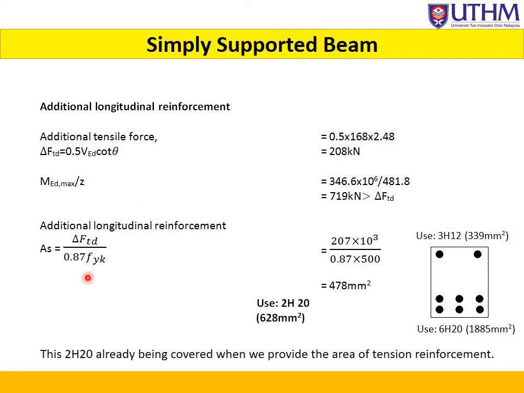We calculate what is the AS for the additional longitudinal reinforcement using FTD divided by 0.87 FYK, we get 478 millimeter square. For this area, we provide 2H20. This 2H20 is already being covered when we provide the area for tension reinforcement.